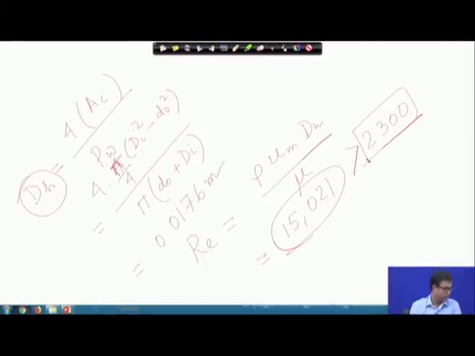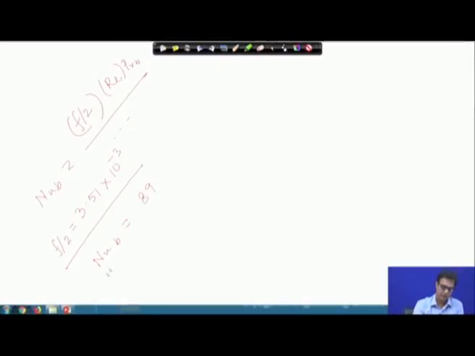We can use the correlation we have just given, Nu_b related to f by 2, Re, Pr_b, etcetera. From there, if you put this value, you will find that f by 2 is coming to be 3.51 into 10 to the power minus 3, and the Nusselt number at the bulk mean temperature will come out to be 89.